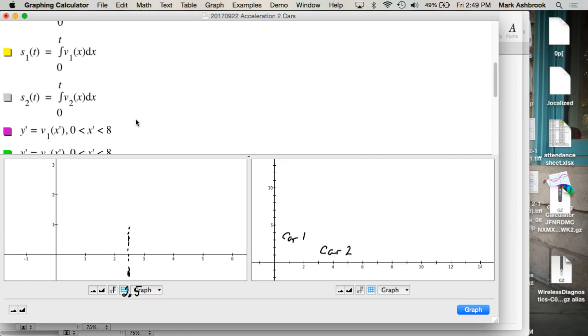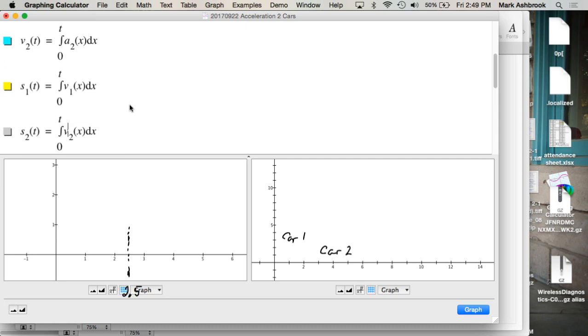So then what is the relationship of position S to acceleration? Say I wanted to write the position function in terms of acceleration. What would that function look like? Yeah, so it would be an integral of an integral, right? It's called a double integral. It's an integral of an integral.